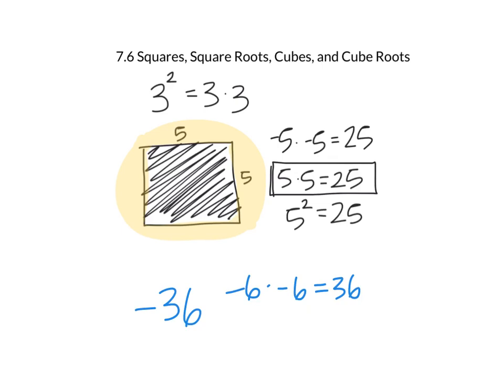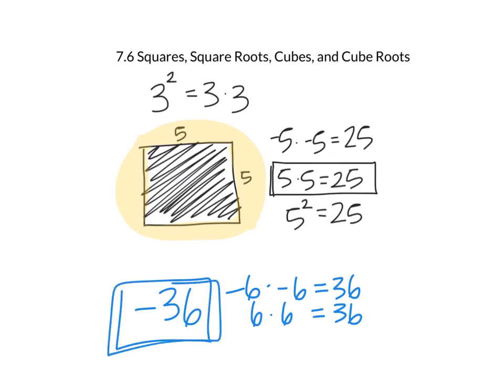Well, what if I try +6? Well, that's still equal to +36. So -36 does not have any regular number that you are using right now as a square root.